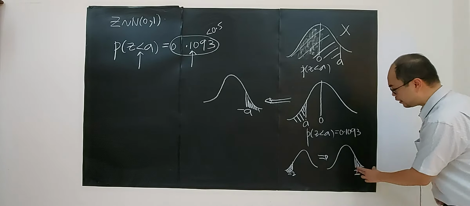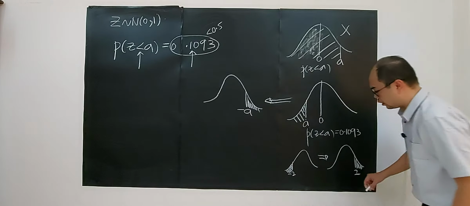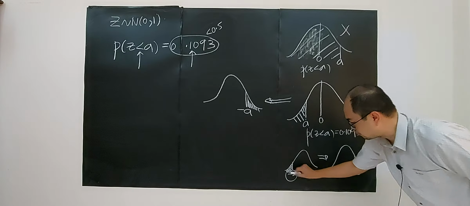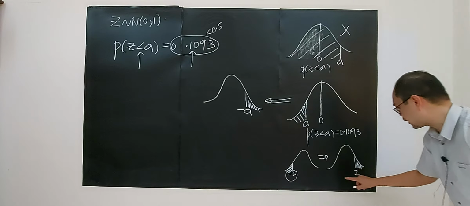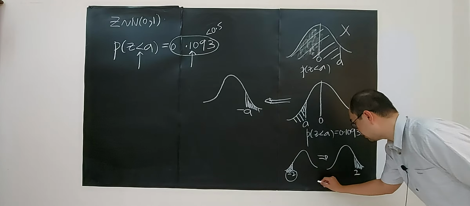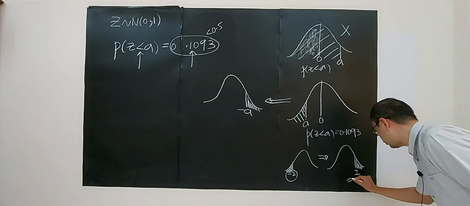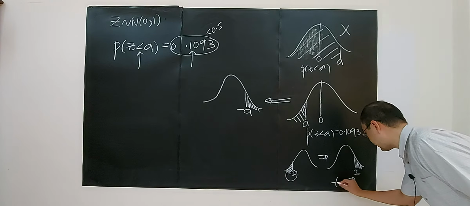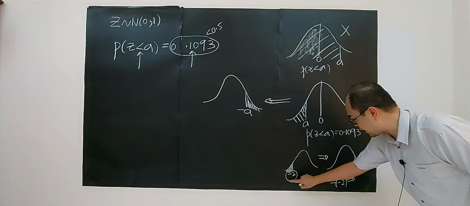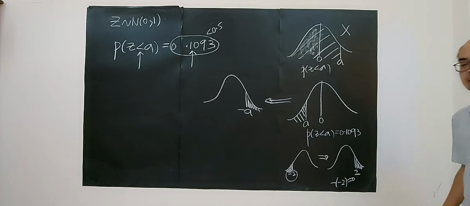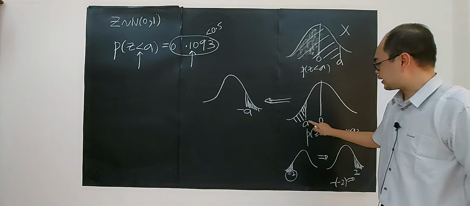Why do I put a negative here? Because this is a negative number. If you want to convert it to a positive number, you have to put a negative on the negative number so that it becomes positive, right?